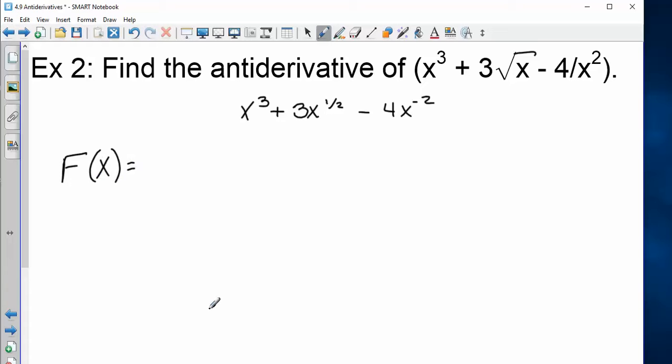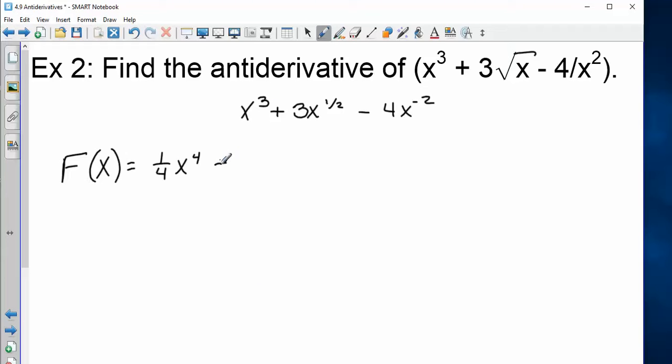So my antiderivative, we can go term by term. The antiderivative of x cubed, you just add 1 to your power, put the reciprocal in front.